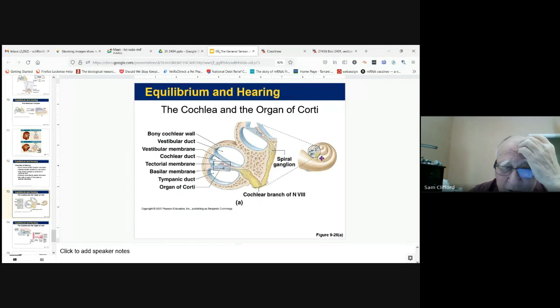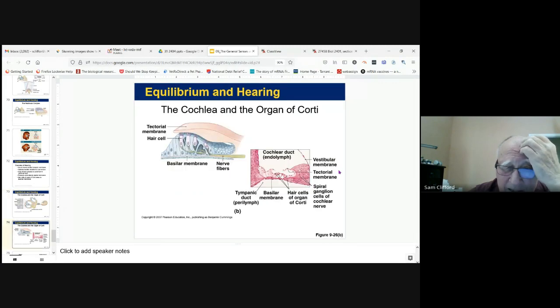So depending on where the wave ends up causing bending of these nerve cells just above the basilar membrane, and notice we have the spiral ganglion, which takes that information through the cochlear nerve to the auditory center.